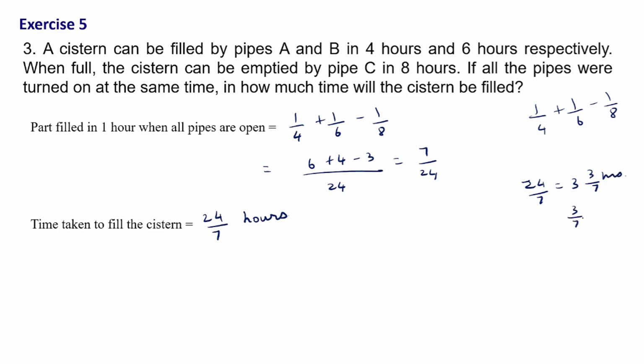This 3 by 7 hour is 3 by 7 into 60 minutes, which is approximately equal to 25. So this is approximately 3 hours 25 minutes.